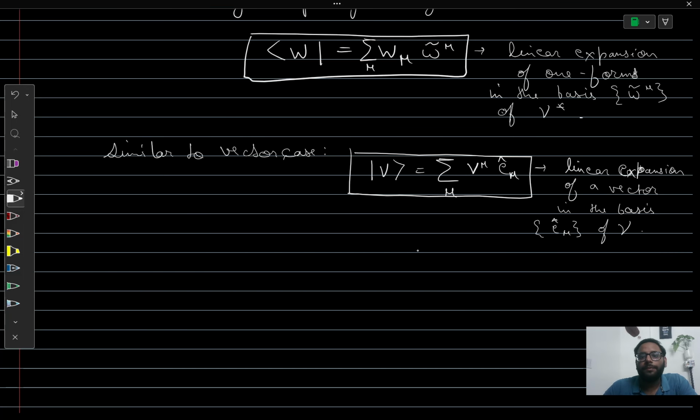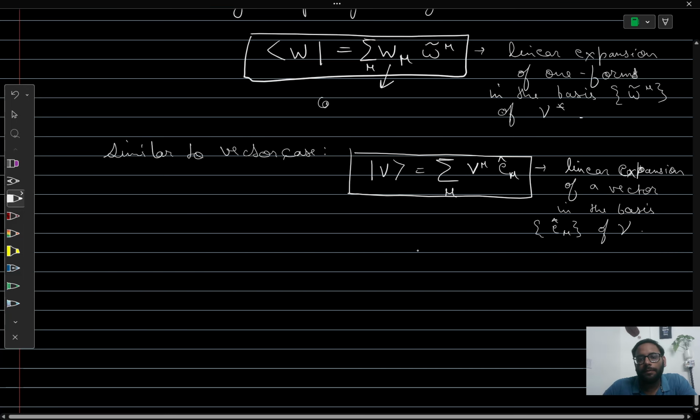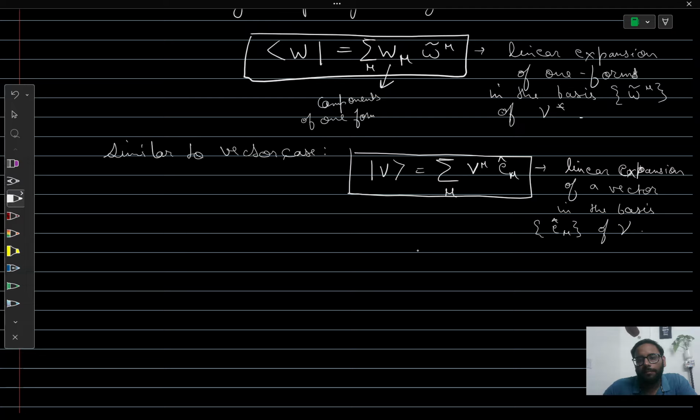These are the components of the one form, and this is the basis in dual space. And this is a one form, or a covector, or dual vector, whatever you want to say.